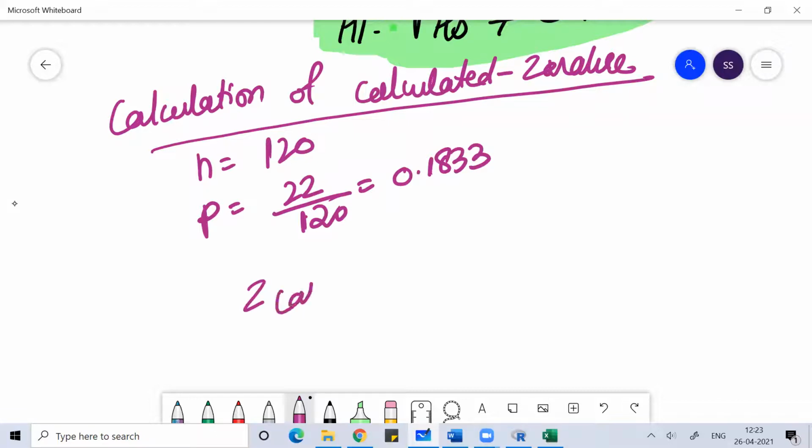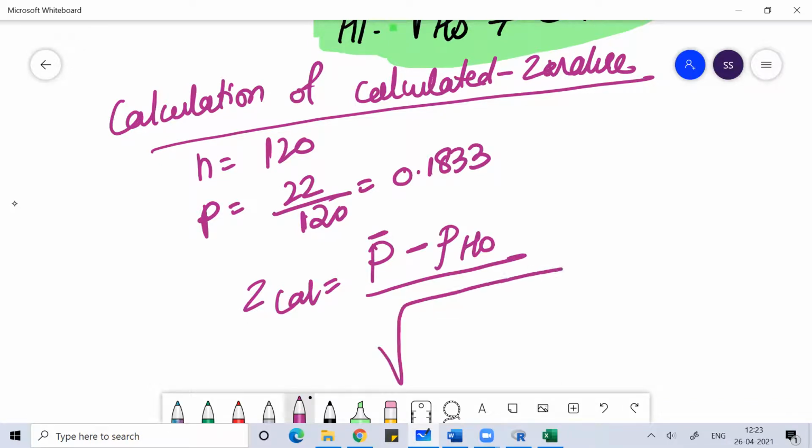So your calculated z value is the sample proportion minus the population proportion, divided by the square root of p H naught into q H naught divided by n.